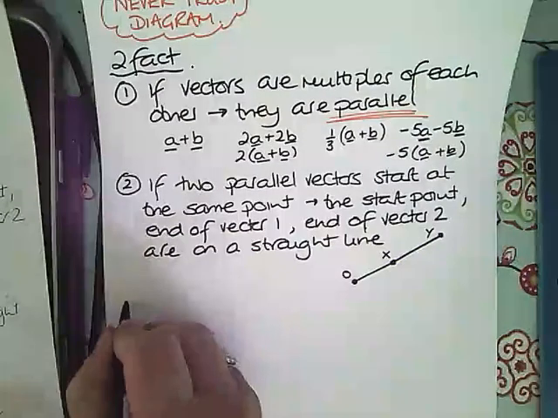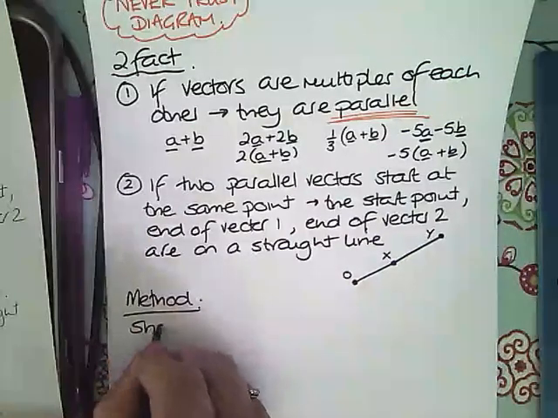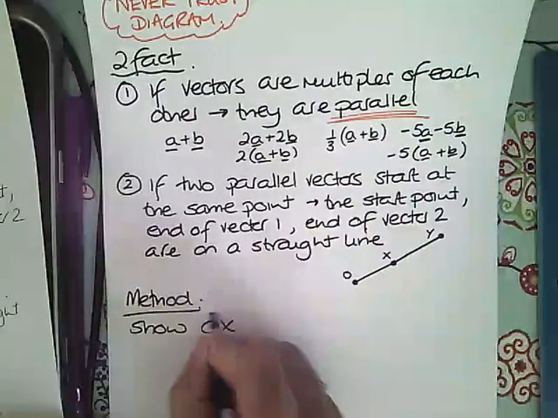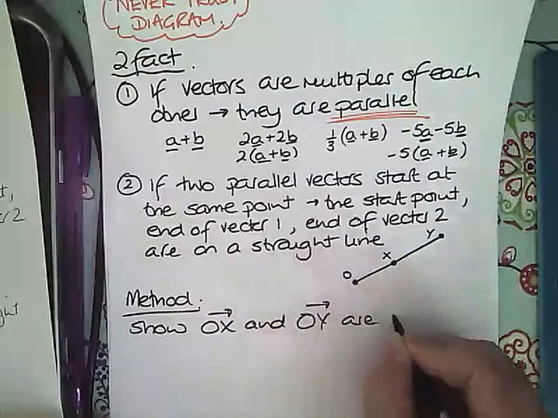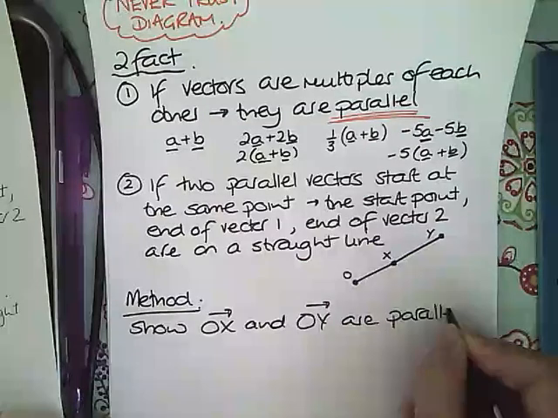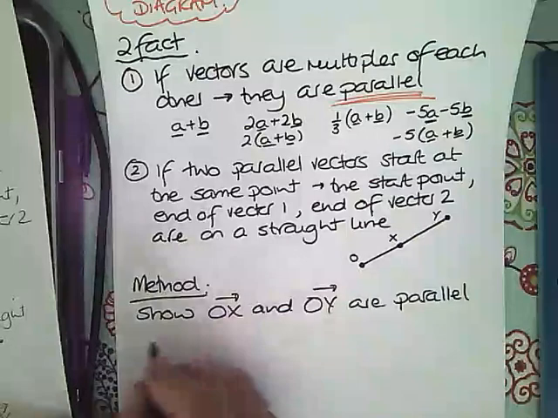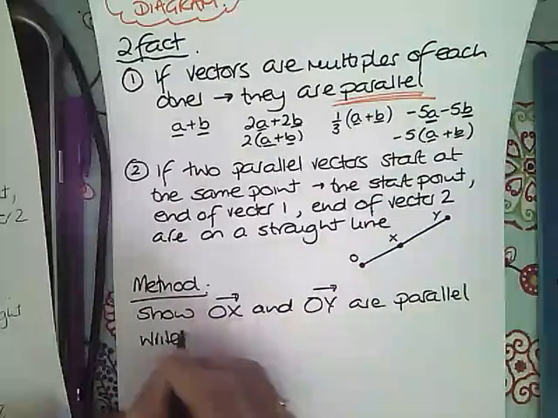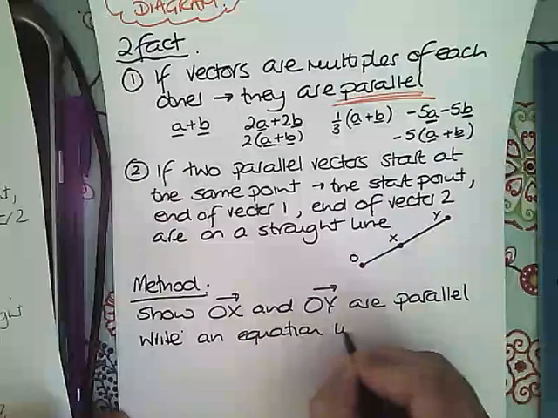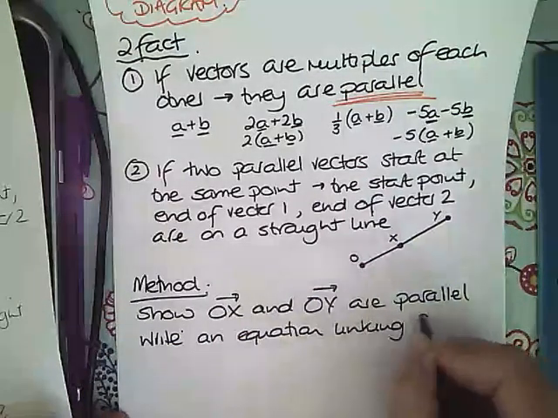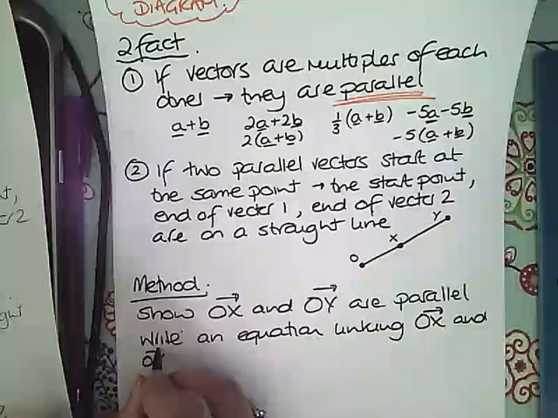So the method we need to use then is we need to show that OX and OY are parallel, i.e. they are multiples of each other, so you work those two out. You then write an equation linking OX and OY in terms of multiples of one another.